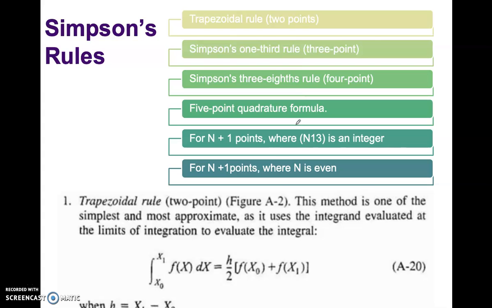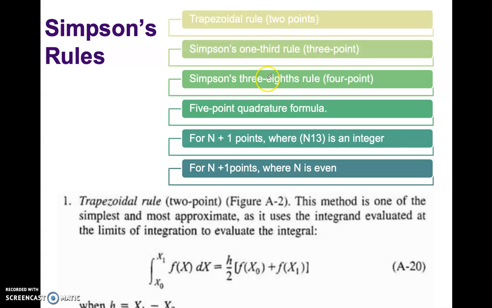So what is Simpson's rule? Just some definition on what Simpson's rule is, and how to use Simpson's rule in your numerical method. All right, so this is the type of Simpson's rule that you can use for your calculation. Trapezoidal rule, which has 2 points.